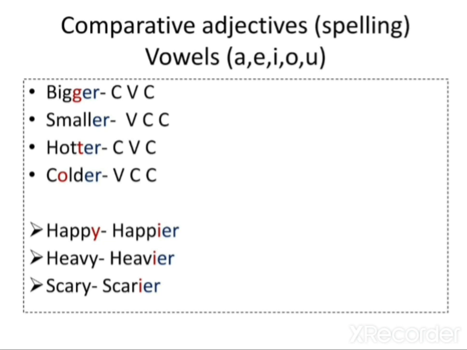Let's look at one other spelling rule we have when we are talking about comparative adjectives. If an adjective ends in a Y, so we have happy, heavy, scary. These ones are two syllables: happy, heavy, scary.